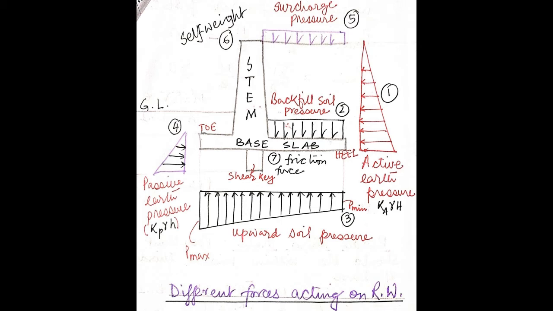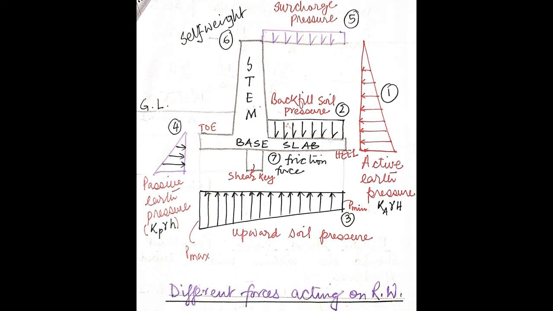Active earth pressure tries to move the retaining wall away from the backfill soil. From the direction you can understand that it is acting from right to left, trying to move the retaining wall away from the backfill soil.